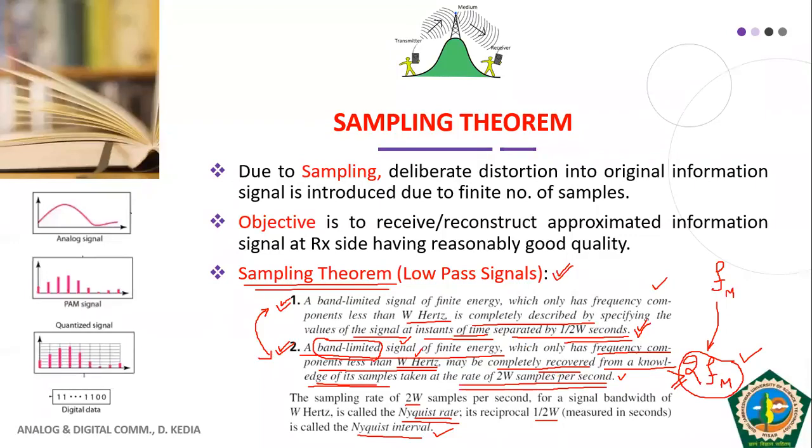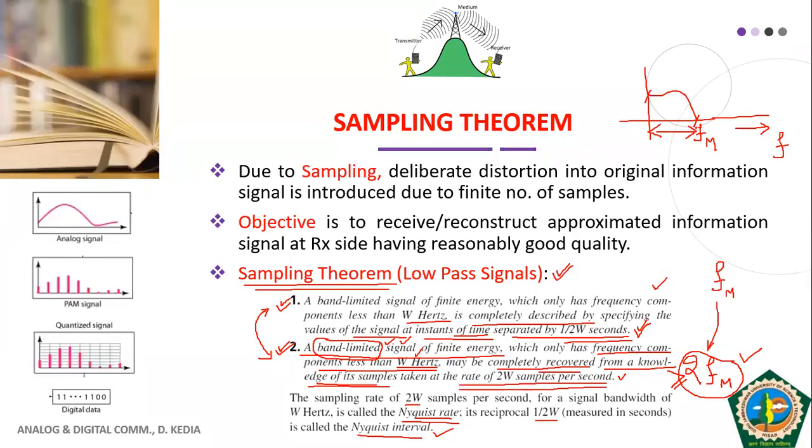Okay, and I asked you to note this word band limited. Band limited means that my signal has finite bandwidth. If I represent the spectrum of the signal like this in the frequency domain, the maximum frequency is, say, FM, and my x-axis is frequency, that is F. So band limited means my signal has finite bandwidth.